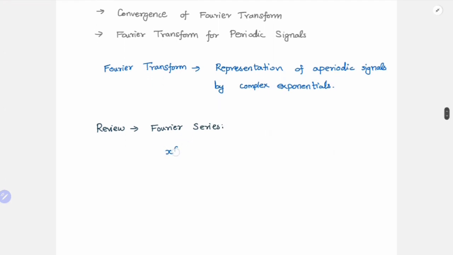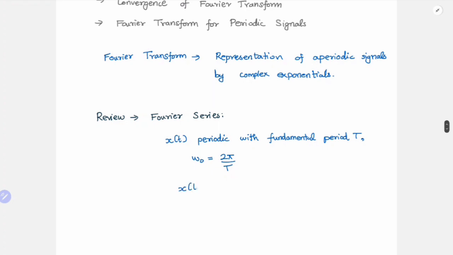So if we have a signal x of t which is periodic with fundamental period T, then its fundamental frequency omega naught is given by 2 pi by T, and the signal itself can be given as the sum of complex exponentials, right? a_k is the Fourier series coefficient and e power j k omega naught t.